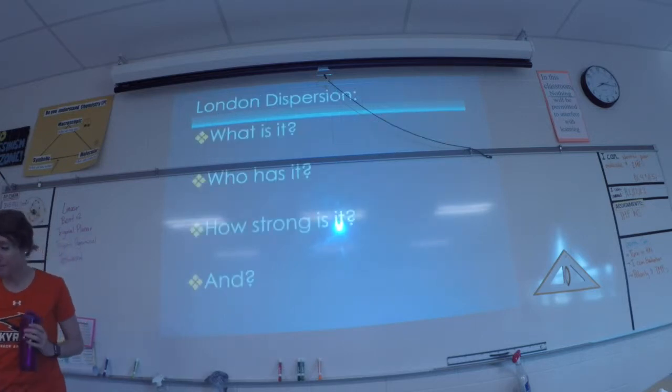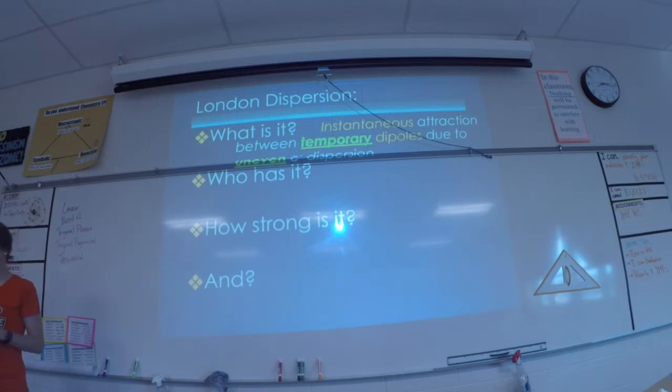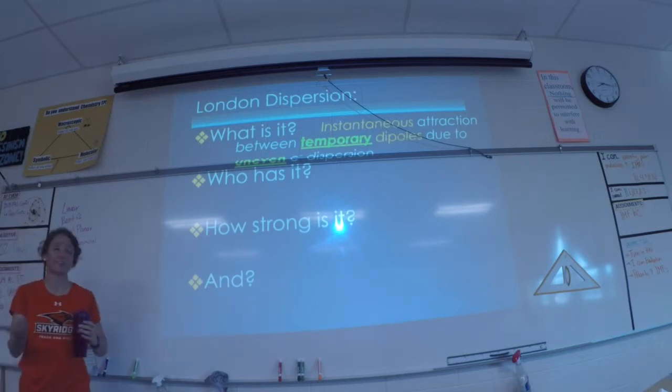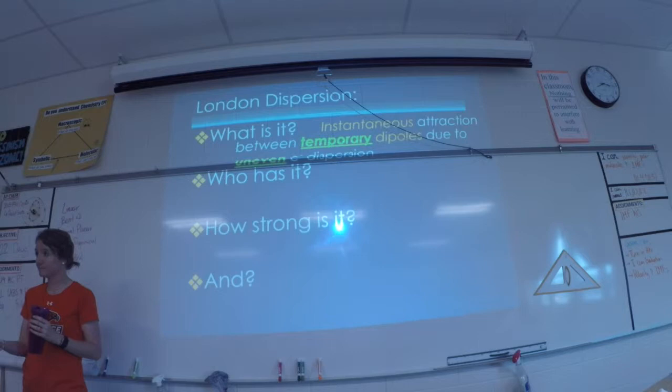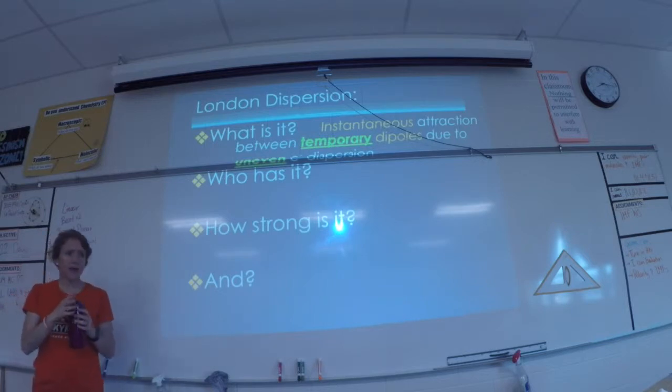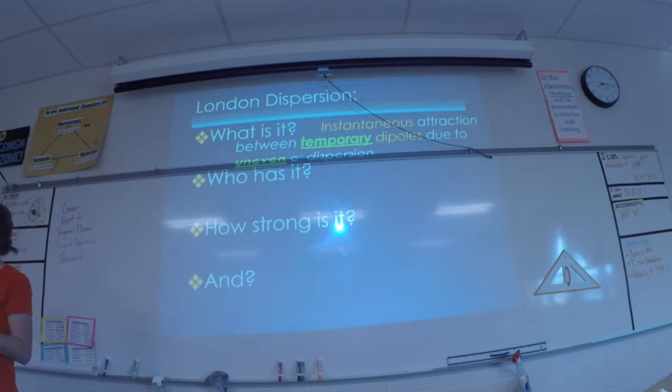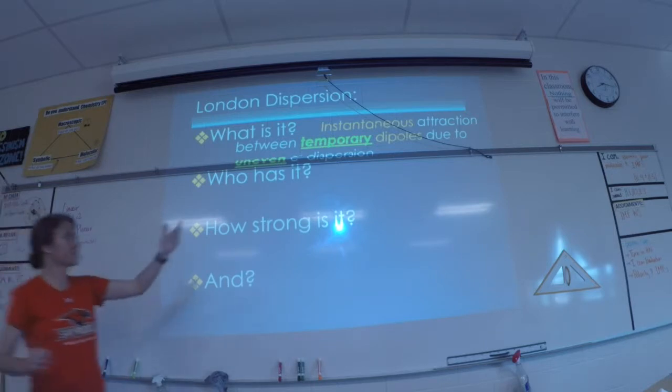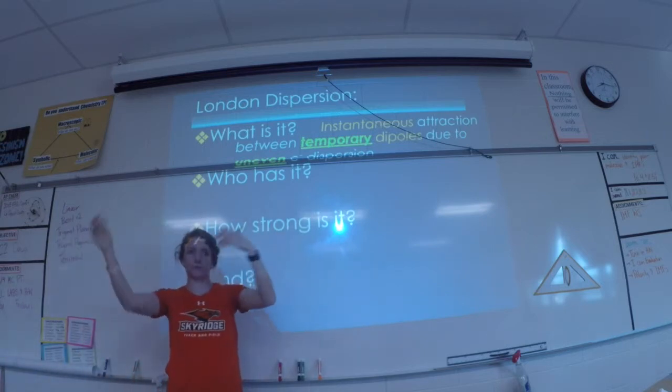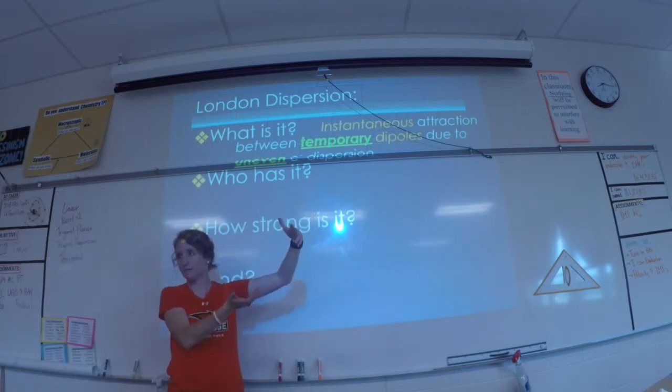London dispersion is our temporary dipole, so the electrons momentarily get uneven. Now, what is it that causes this temporary dipole? What's happening again? Good. The electrons just go to one side, right? It's like all of you ran to the left for a moment.